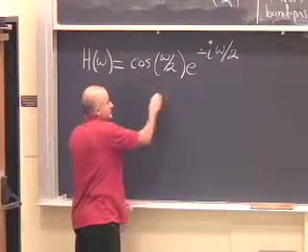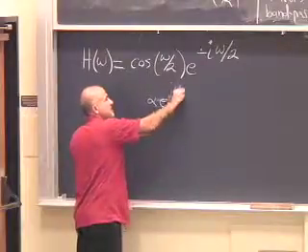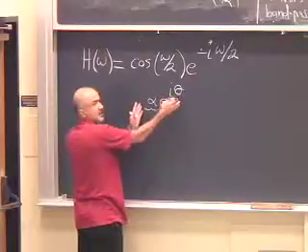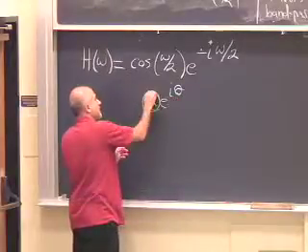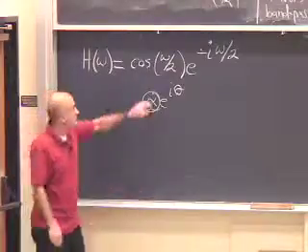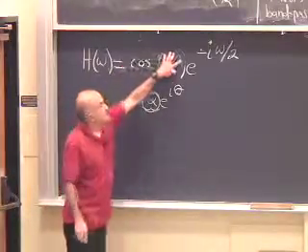If I had it in the form alpha e to the I theta, and alpha was guaranteed to be non-negative, then I automatically have it in polar form. And I would say, okay, alpha must be the magnitude of this function. That's not the case with cosine.